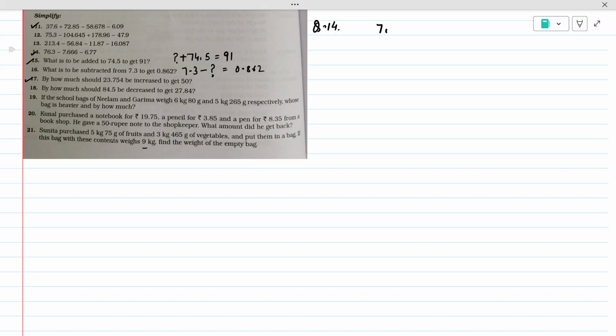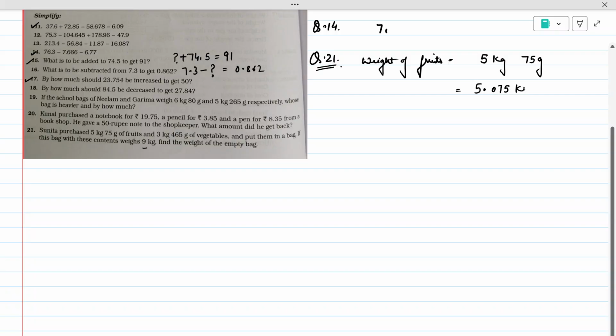For that, first of all, we have to find the weight of fruits in 1 unit. The one which is given to us is 5 kg 75 grams, and when we change this it will become 5.075 kgs.